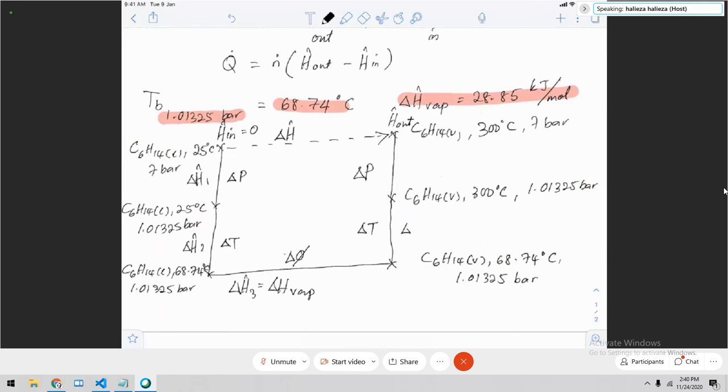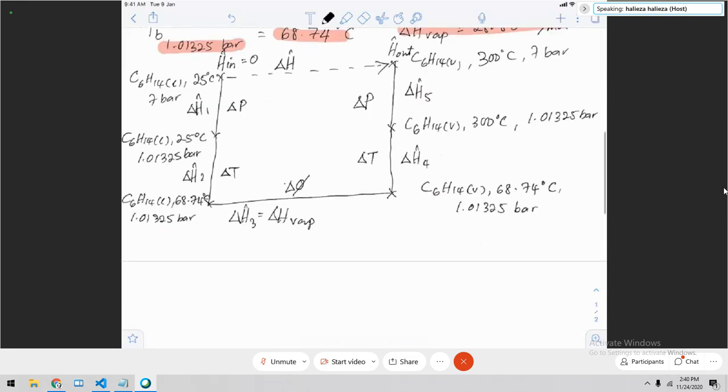This is enthalpy 4, and that is enthalpy 5. So the overall enthalpy will be the sum of all these enthalpies in our hypothetical path: delta H1 plus delta H2 plus delta H3 plus 4 and 5, lastly 5.